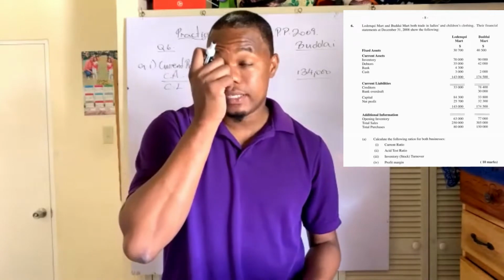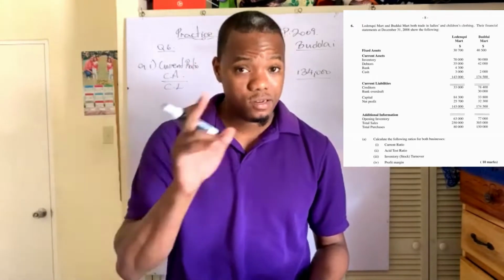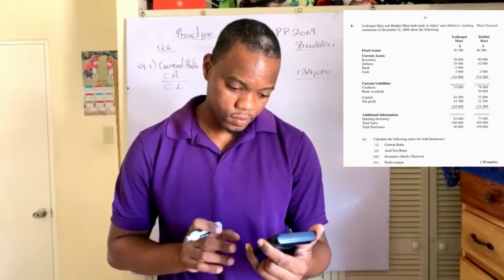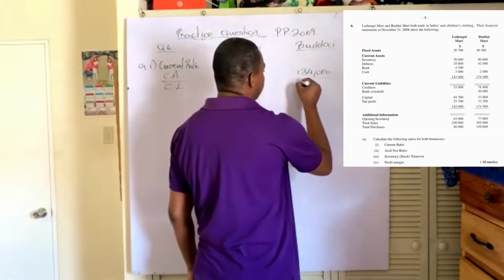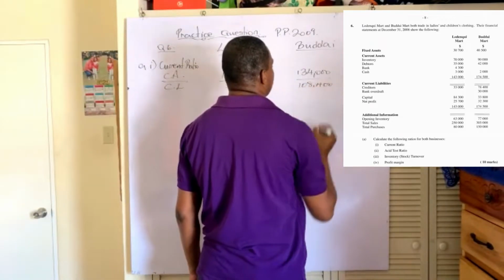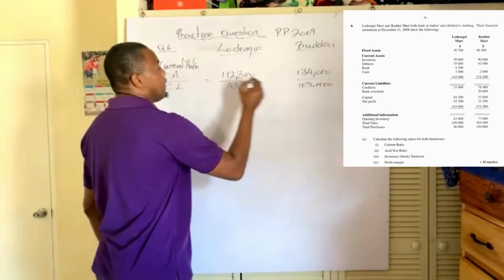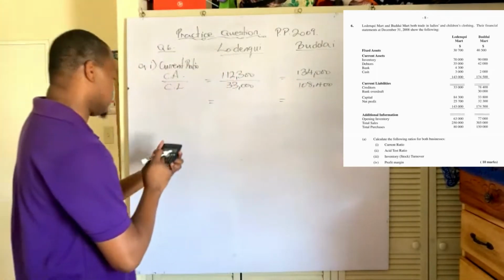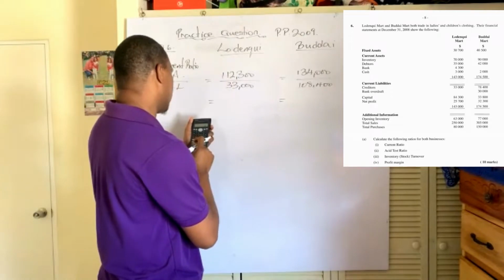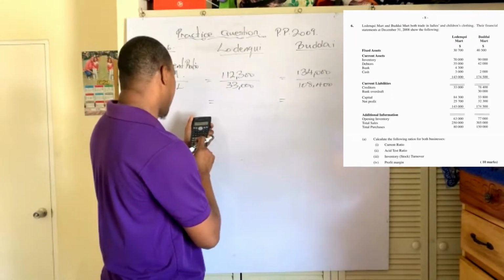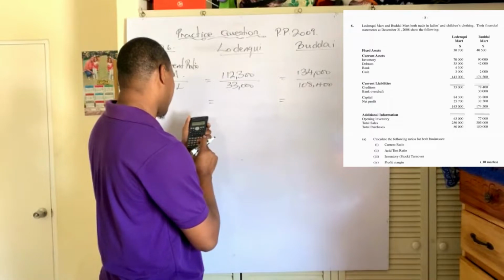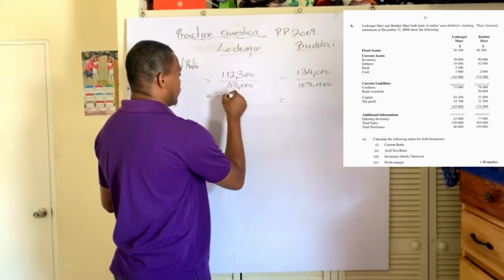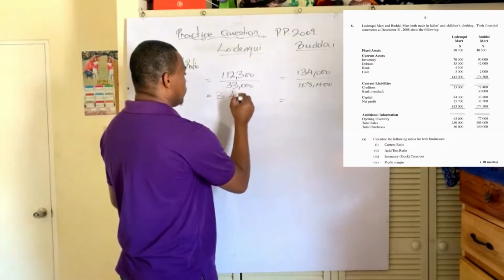In today's questions, you may not see creditors, you may see accounts payable. Remember that. And then you have bank overdraft, which is 30,000. So it's 108,400. All right. So we got that. Now we use our calculator. 112,300 divided by 33,000 equals 3.4. 3.4 to 1.